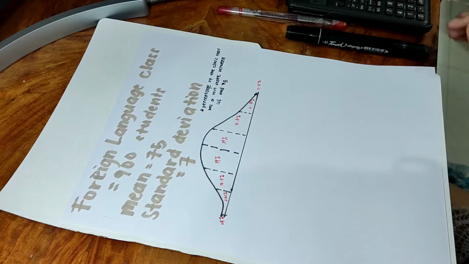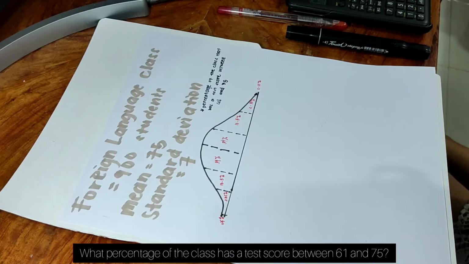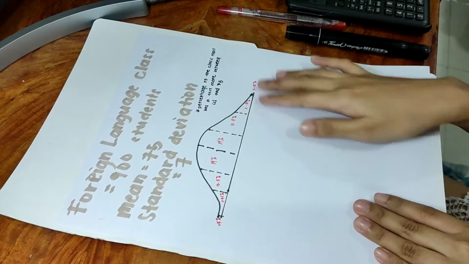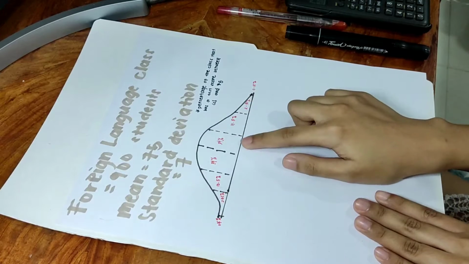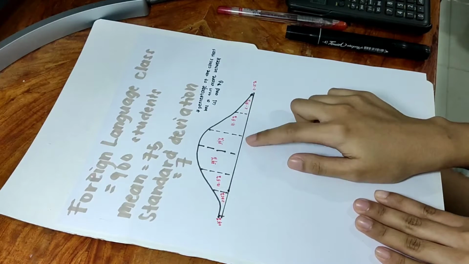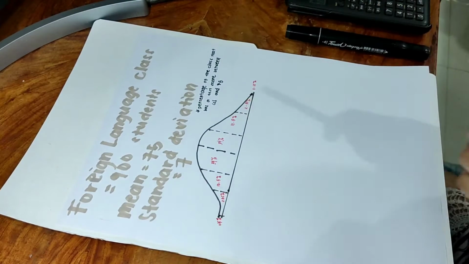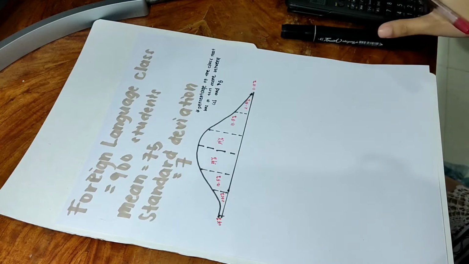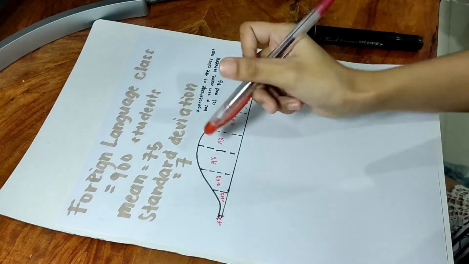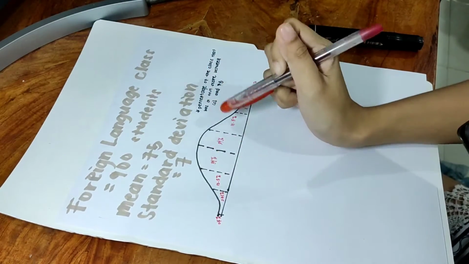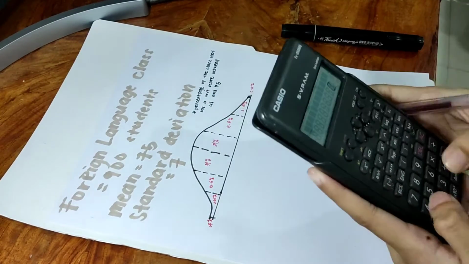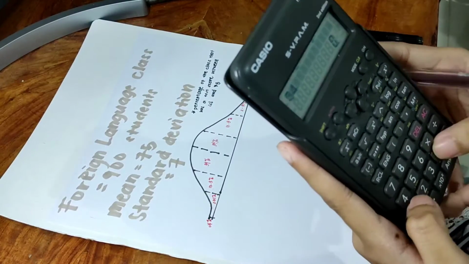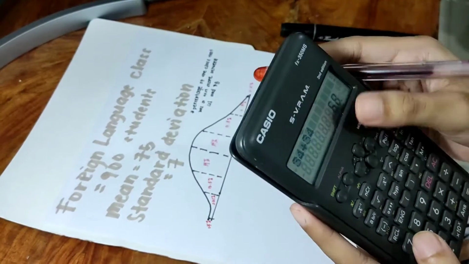So, the first example, the question is, what percentage of the class has a test score between 61 and 75? First, as you know, this is an example of a bell-shaped curve. And the reason the empirical rule is also known as 68, 95, and 99.7 is that if you add this area, 34, 32, 34, you get 68.